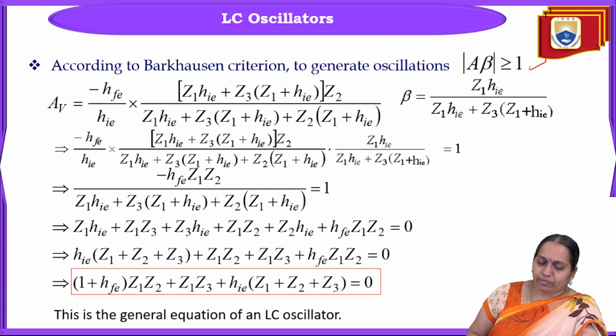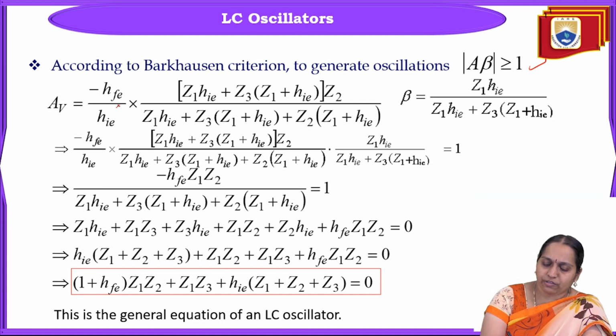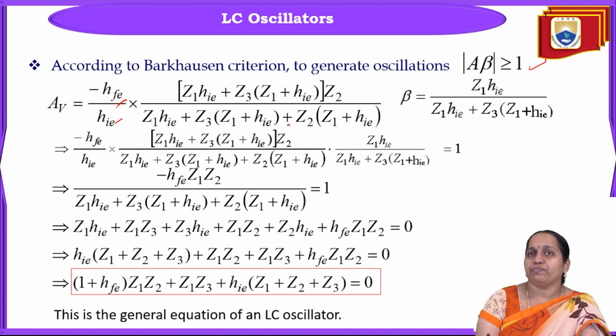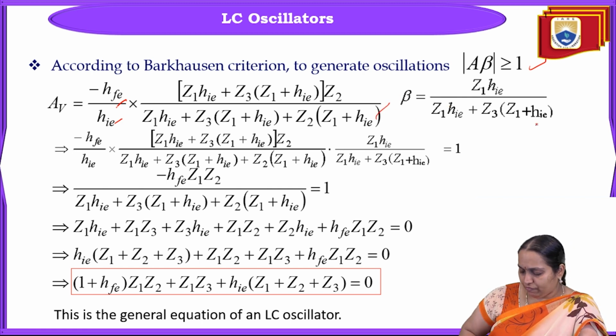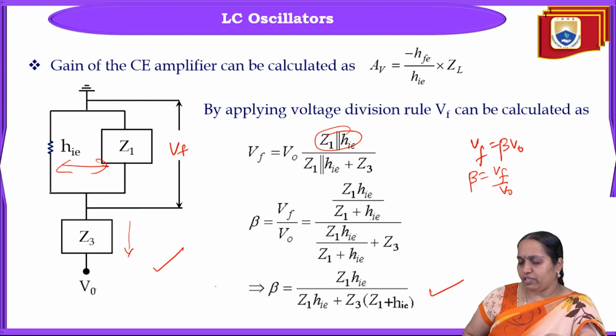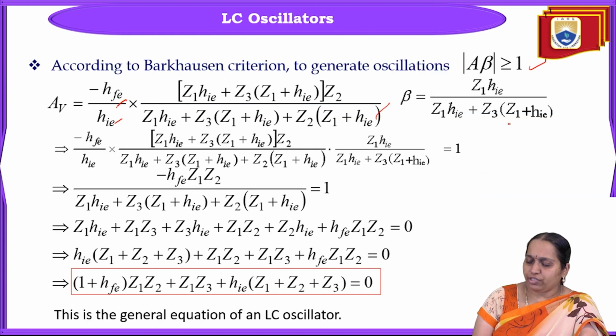So AV equals this one, and beta is equal to, from the previous equation, Z1 hie by Z1 hie plus Z3 into Z1 plus hie. So this is the value of beta. So using Barkhausen's criterion, AV into beta should be equal to 1.